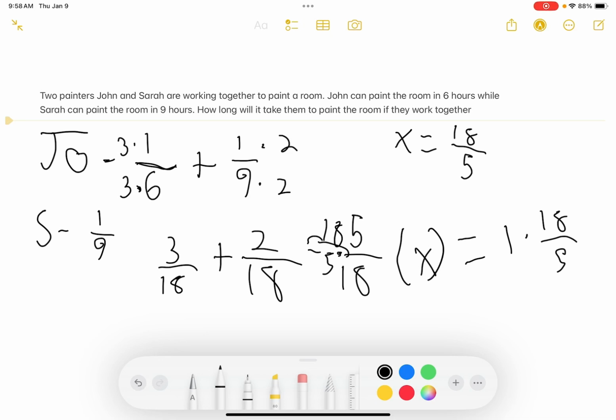One second, let me look that up real quick. 18 divided by 5 is 3.6. So you can use 18 over 5, or 3.6. So how long will it take them to paint the room if they work together? 3.6 hours, or 18 over 5, is your answer for number 1.